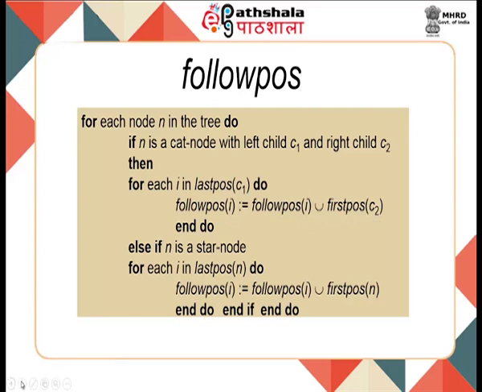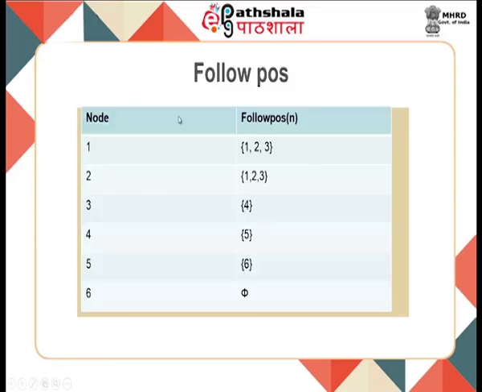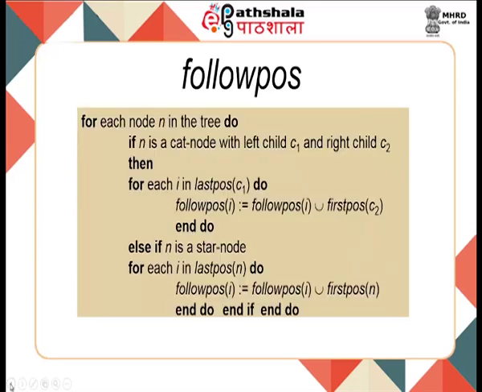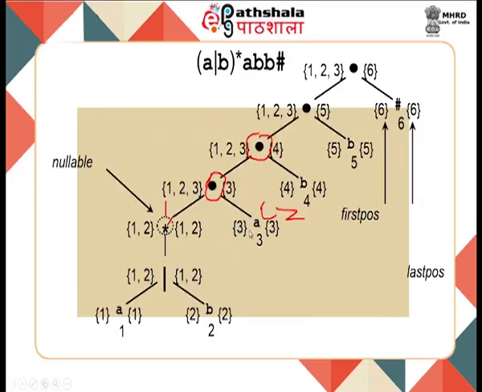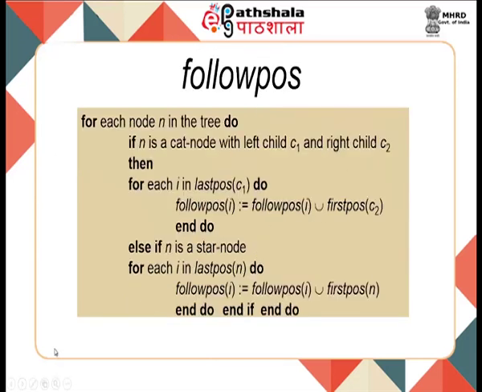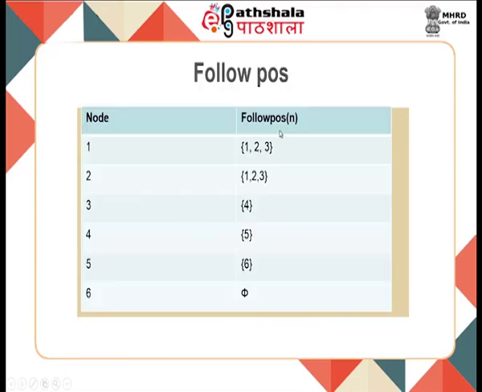So what does it mean? I have to look at the nodes 1, 2. So follow position of 1 union first position of C2. Now what is C2's first position here? 3. So definitely in 1, 2 I will get 3.